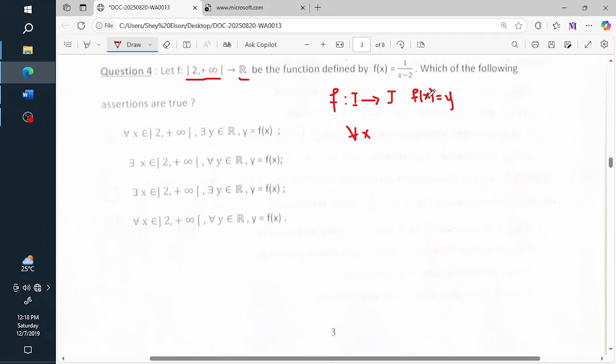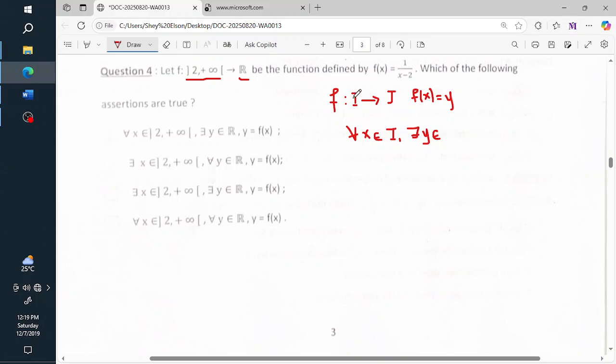Now this x belongs to the domain, so for any value of x that belongs to the domain of the function, there must exist a value of y. This value of y is the image, it belongs to the codomain. So there must exist a value of y, we call it the output. So x is what we input into the function f, and then what we get as a result is y. So y is otherwise called the image of x. These are basics of functions of Form 5.